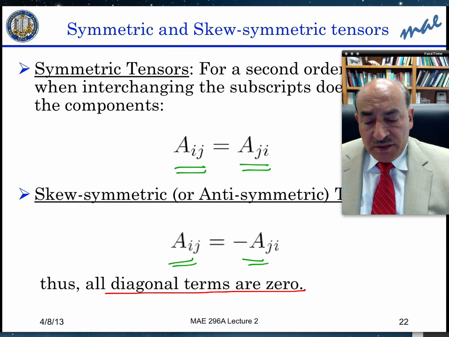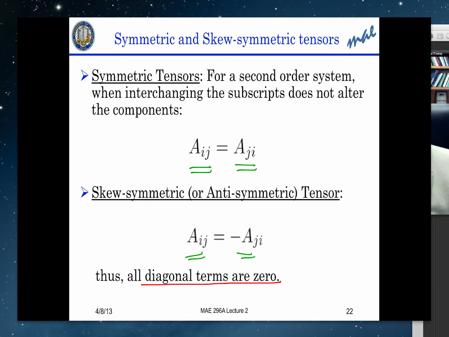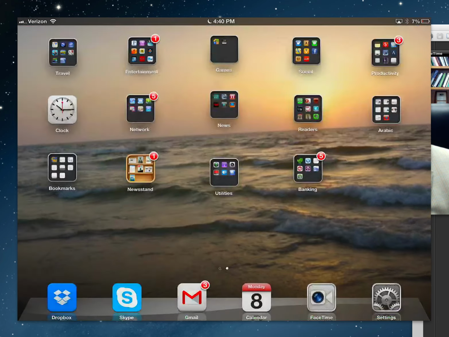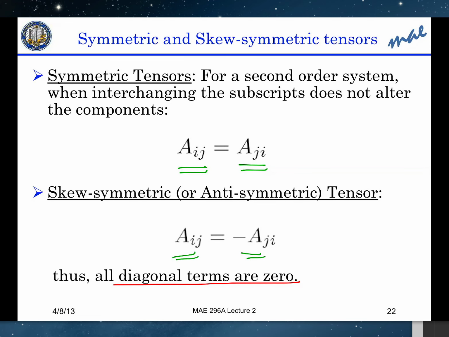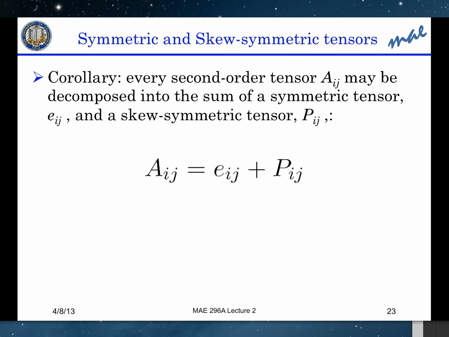Finally, we realize that any tensor Aij can be split into two components. One is a symmetric tensor Eij, and another one is a skew-symmetric tensor Pij.